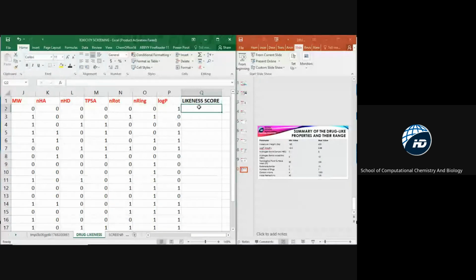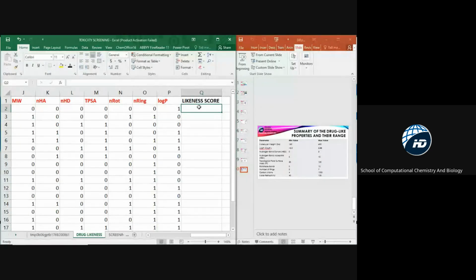Now, the lightness score will be, remember, the one that gave us an output range of 1, meaning within the range, while an output range of 0 is out of range. That means for a compound that passes these six parameters, we are expecting a score of 6.